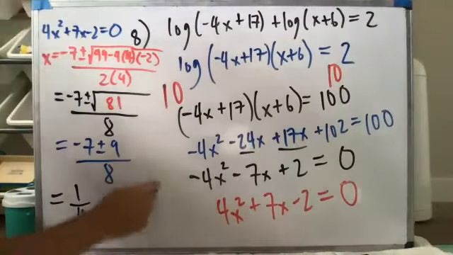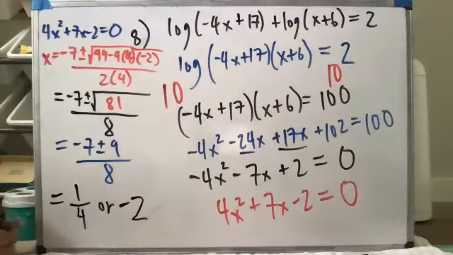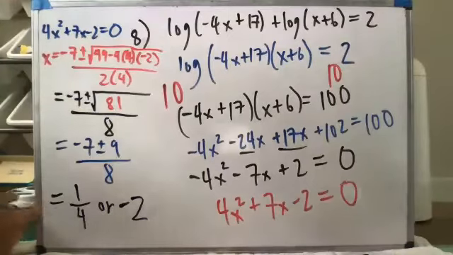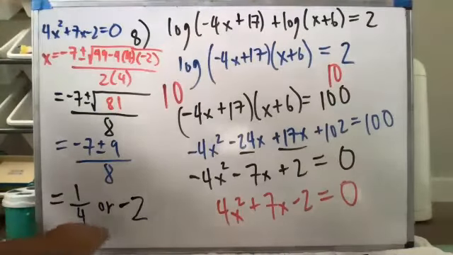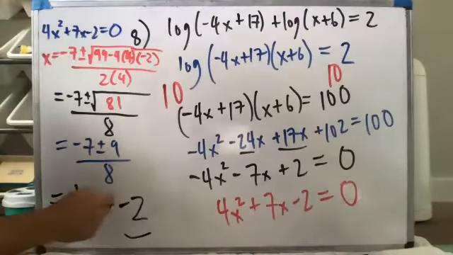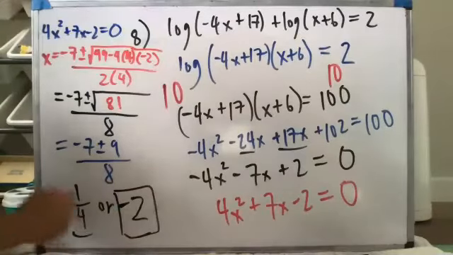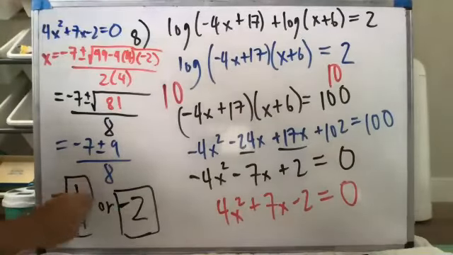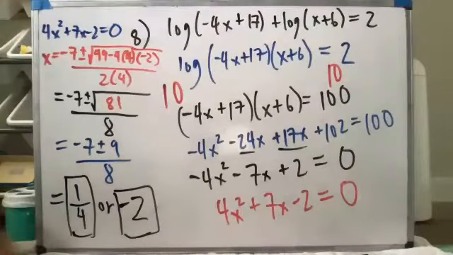So actually it did factor. I just didn't see it. If you factor this instead, that would have worked. Anyway, I have 1/4 or negative 2. These are my potential answers. But I need to come back now, just like before, and make sure that I don't have a negative or a 0 if I plug those in.